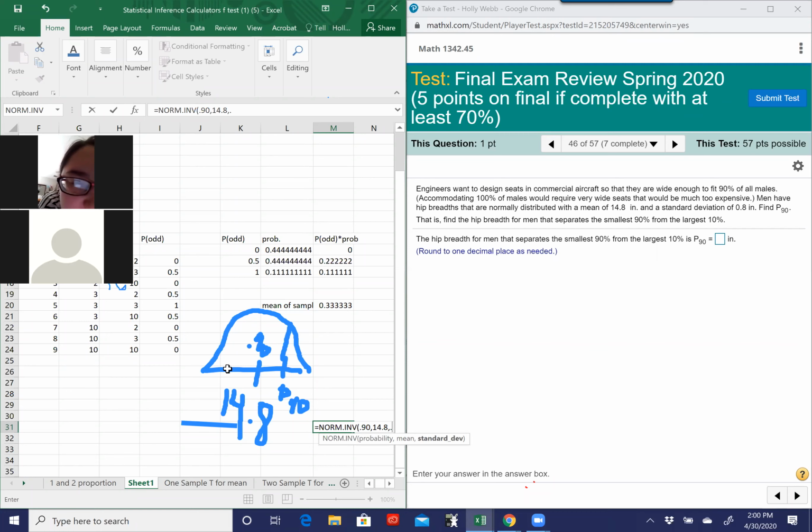That's all we need, and that is our norm inverse. So that should give us this data point here. In inches, it's going to be 15.8. 15.8 inches is the 90th percentile.